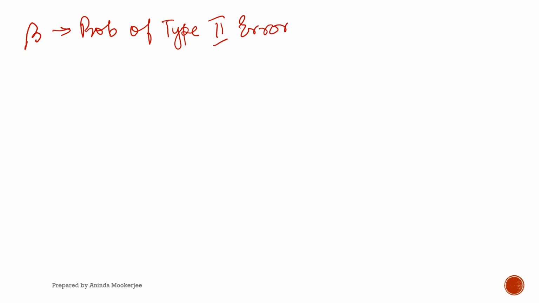So if we recall, beta is the probability of making a type 2 error. And what is a type 2 error? We make a type 2 error when we do not reject a false null hypothesis.